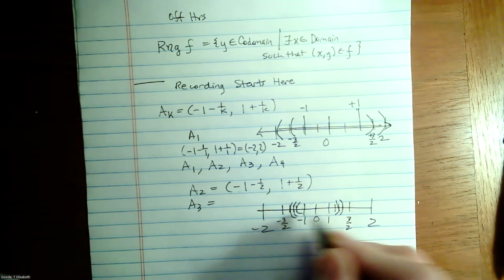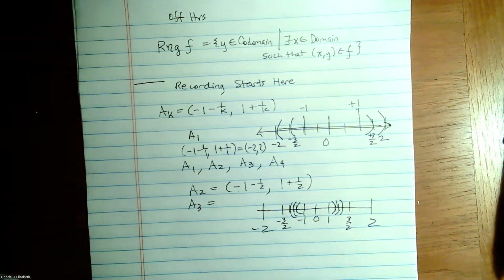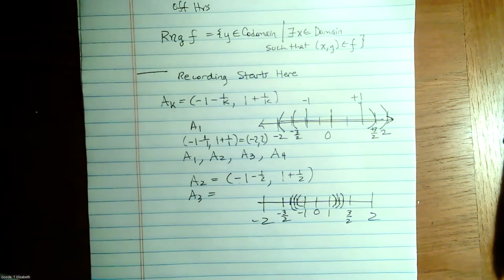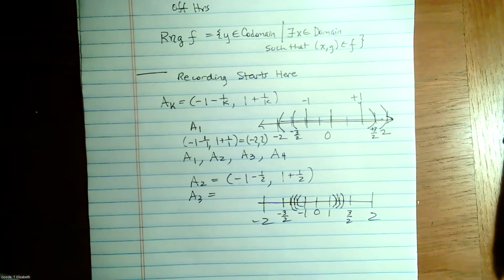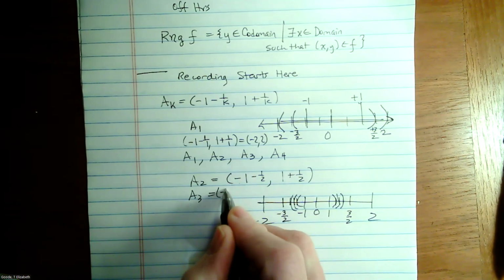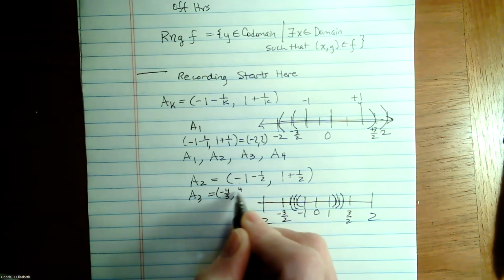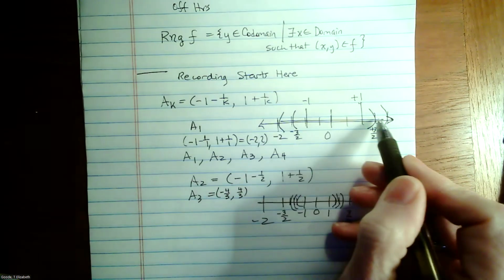And they're nested sets. I know they're nested, but if we were to find the union, well, they're all contained in that first set.